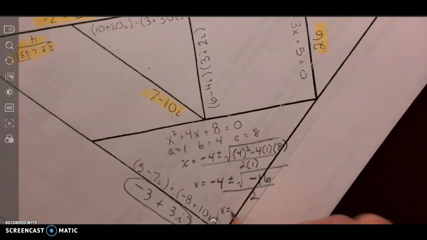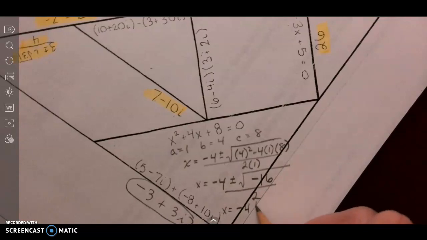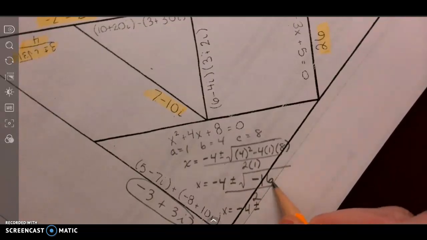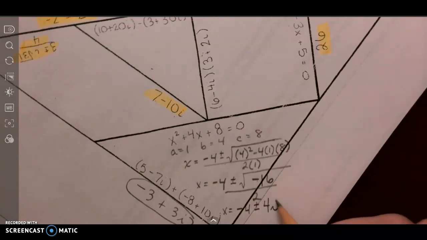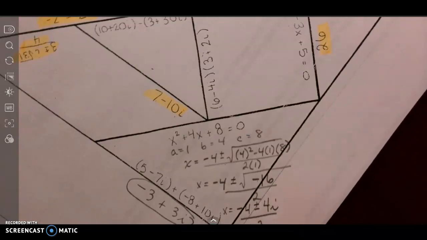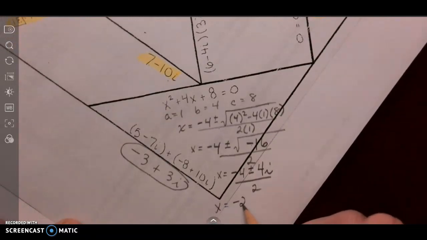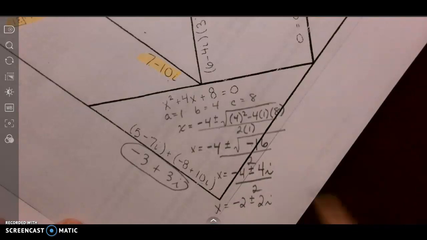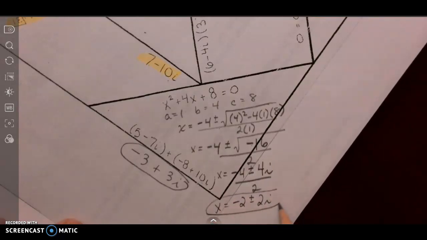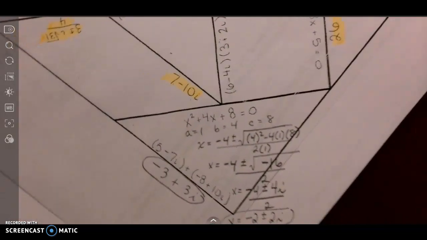I get x equals negative 4 plus or minus the square root of 16 is 4, and the square root of negative 1 is i, divided by 2. Every one of these can be divided by 2. So I get x equals negative 2 plus or minus 2i over 1. So I'm finished. That's my answer, and I did have that answer in my puzzle.